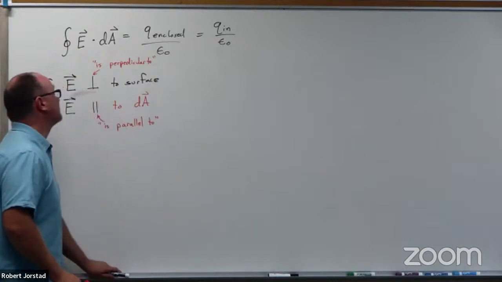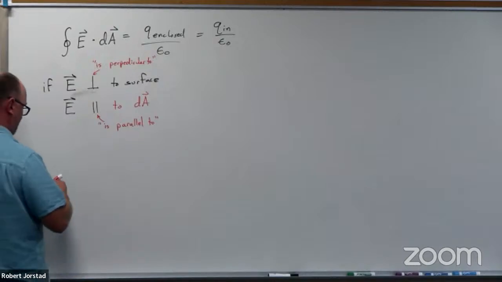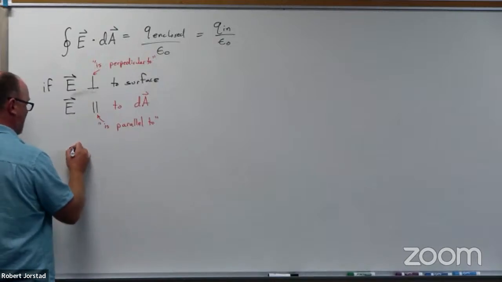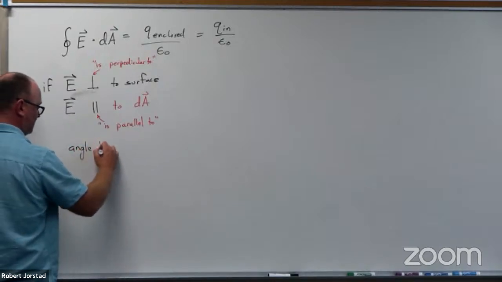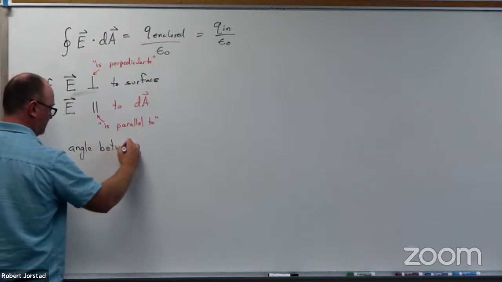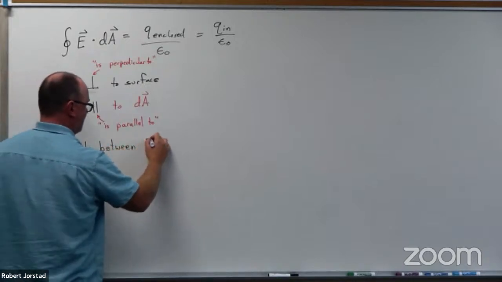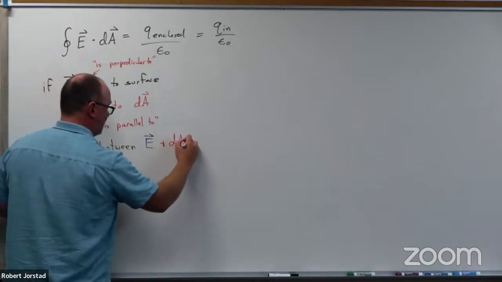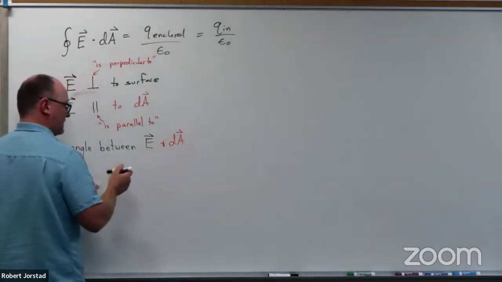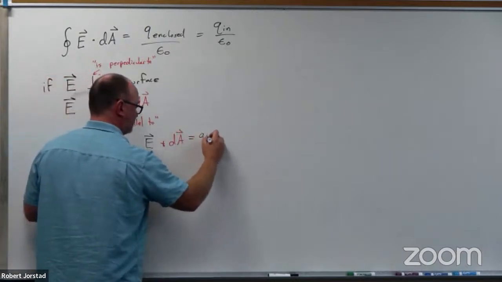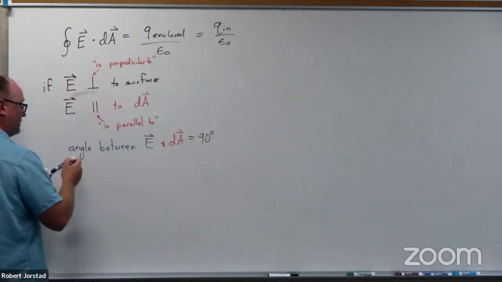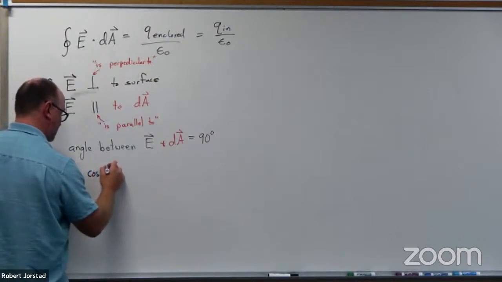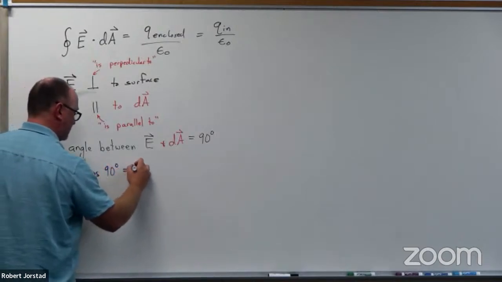Why is that useful? Well, the angle between E and dA is equal to 90 degrees. Cosine of 90 degrees is equal to 1.